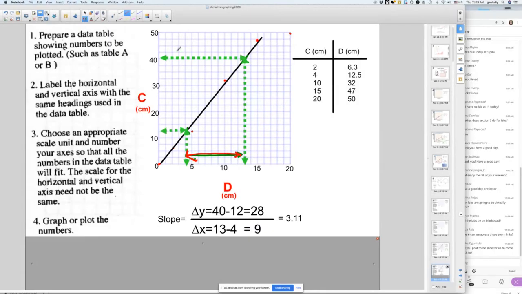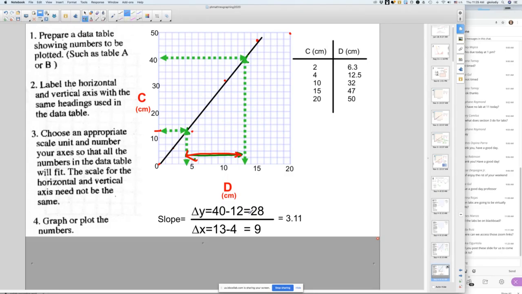Delta y is 40 minus 12. This is 12 over here, and this is 40. So delta y is 28. The slope therefore is delta y divided by delta x.